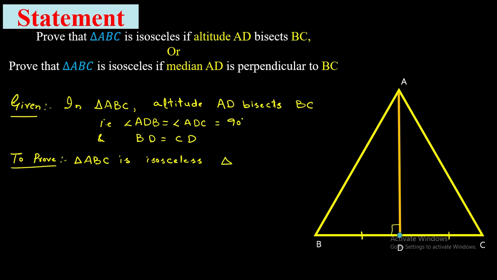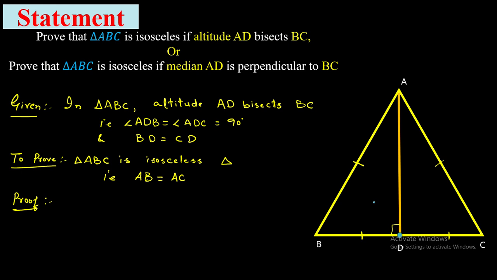And we know that in an isosceles triangle, the median and altitude coincide, which is drawn from the common vertex of the equal sides. That means the two equal sides should be AB and AC. So we have to prove that AB is equal to AC. Now let's give the proof for this statement.